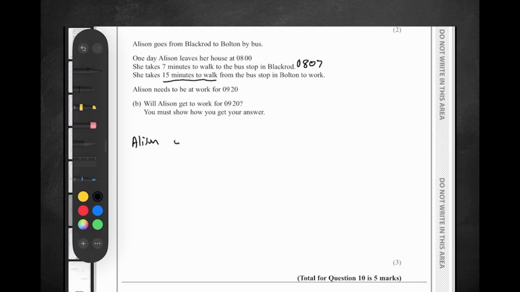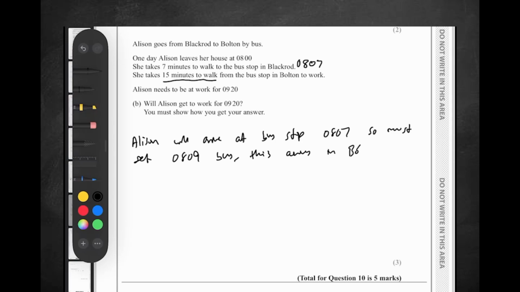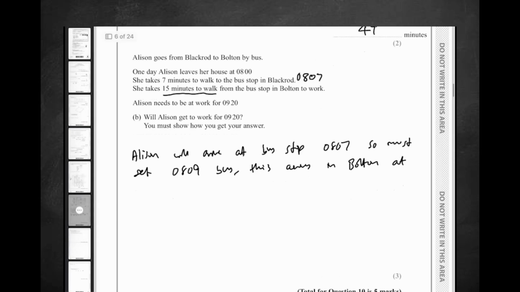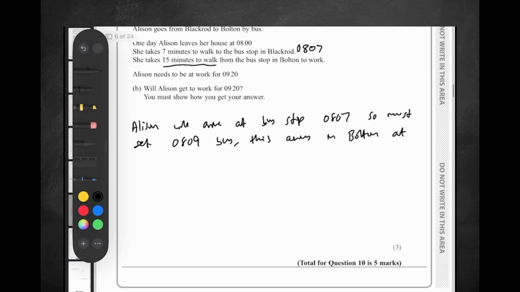Alison will arrive at bus stop 0807, so must get 0809 bus. This arrives in Bolton at, was it 8:58? 8:58.